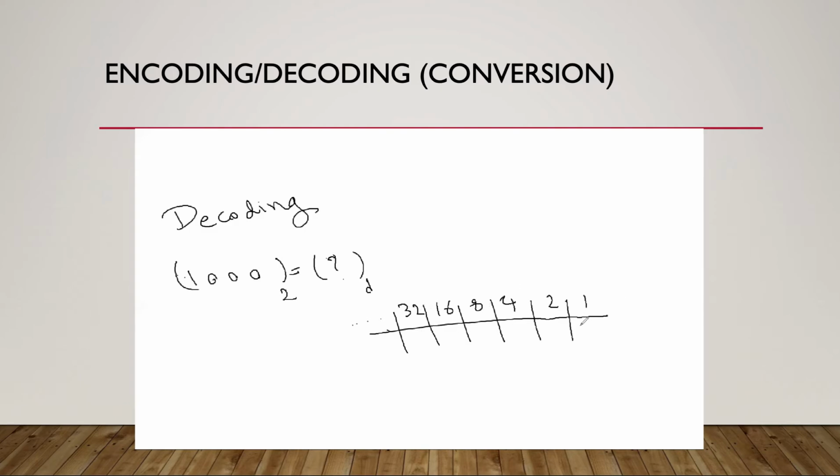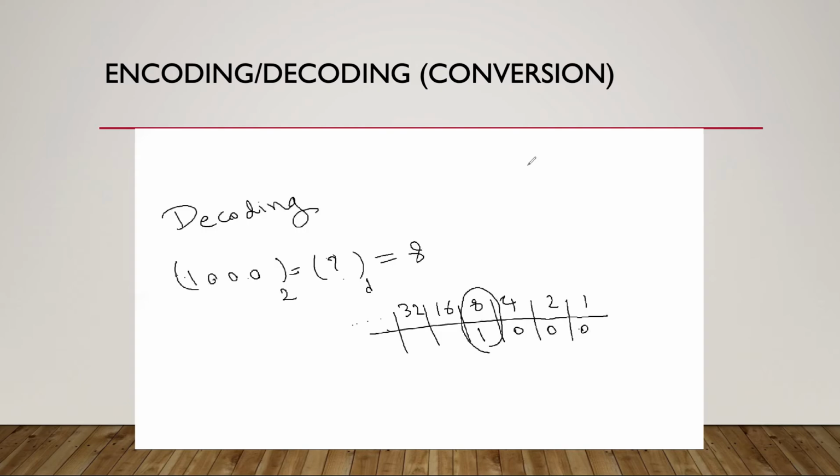Okay. And I put the numbers that I have, 0, 0, 0, 1. Now, what do you think? Yeah, that would be 8. That's it. So this code is equivalent to 8 in decimal system.